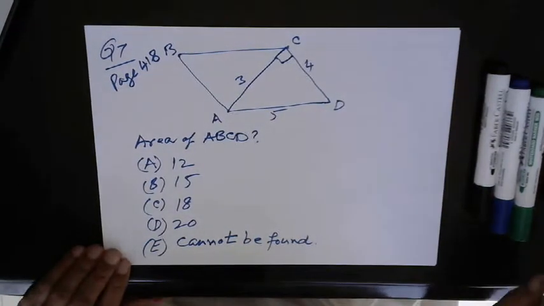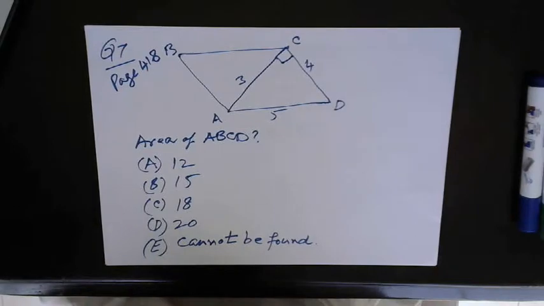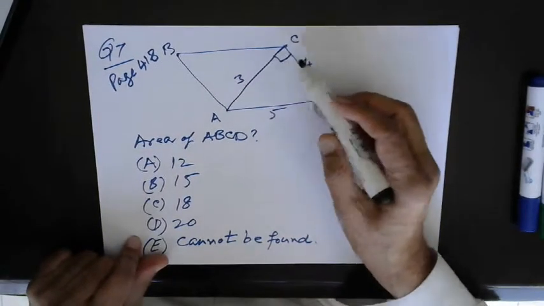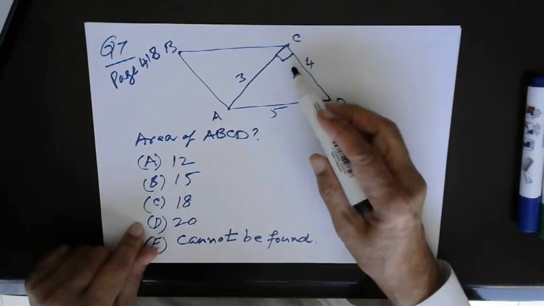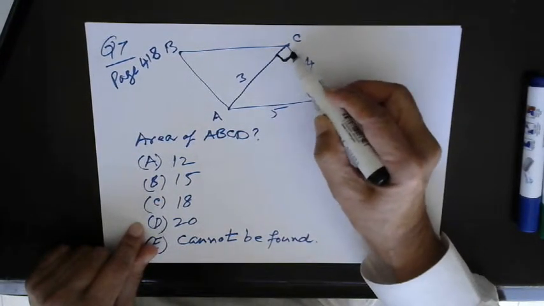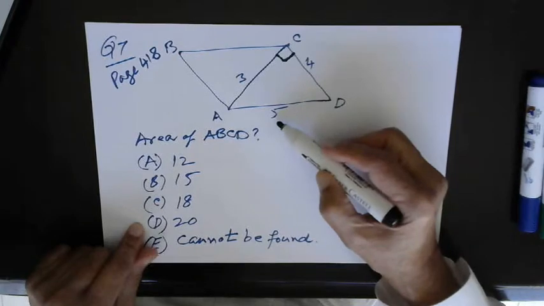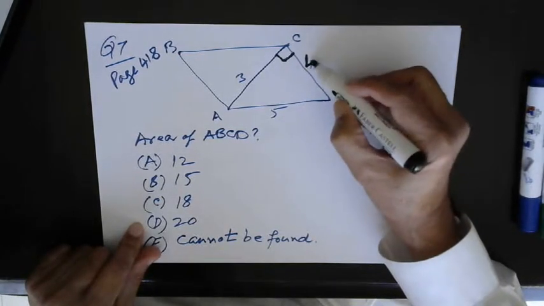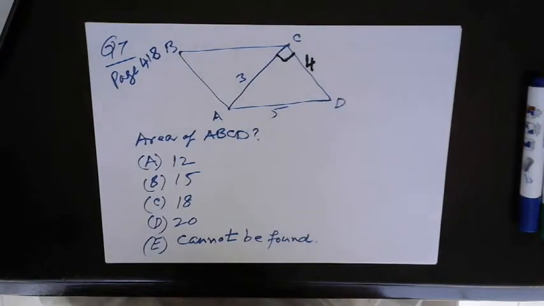Okay. Now, because ACD is a right angle triangle, this side, which is perpendicular, is 3. This side is 5. So this side must be 4.